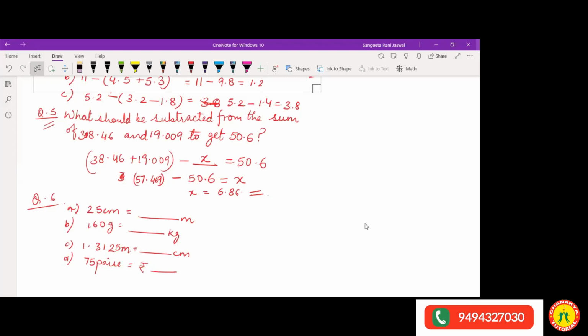Tell me the first one. Lasya, 25 centimeters to how many meters? Lasya, yes, ma'am. 25 centimeters will be how many meters?